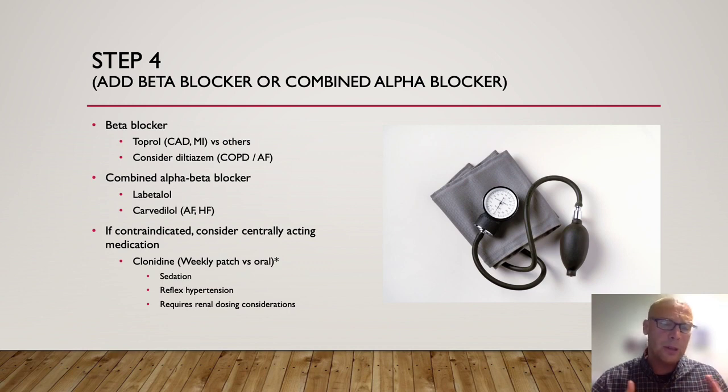But just always remember those need to be tapered down to avoid reflex hypertension. If they have CAD, you really got to watch it, but it can also cause sedation. Now, if it's really, really high, things like hydralazine may be a good thing too, depending on what their history is.